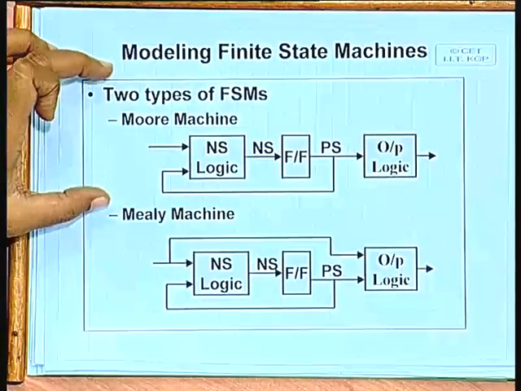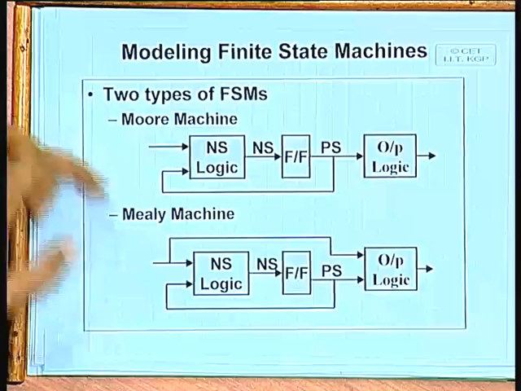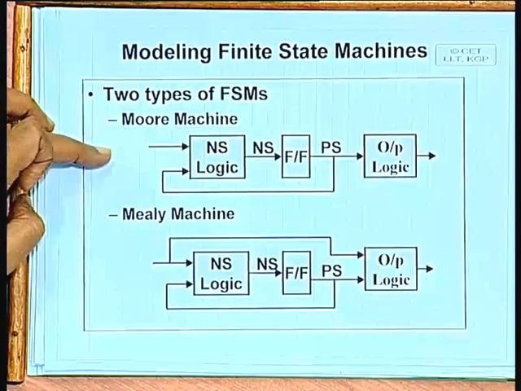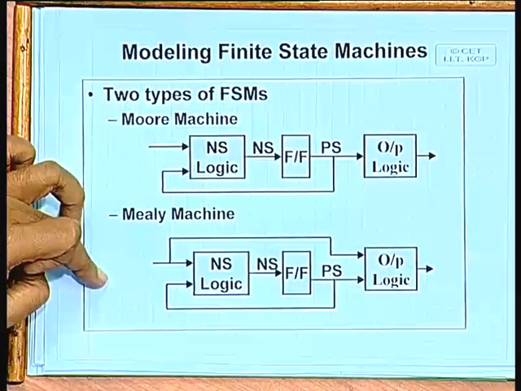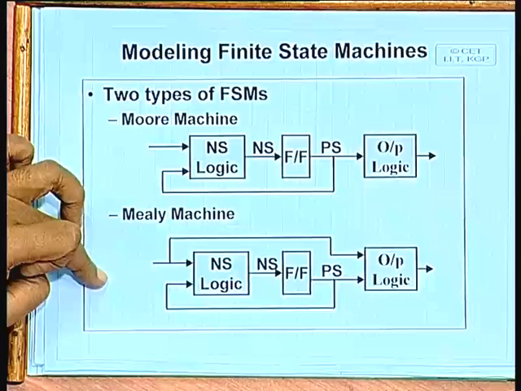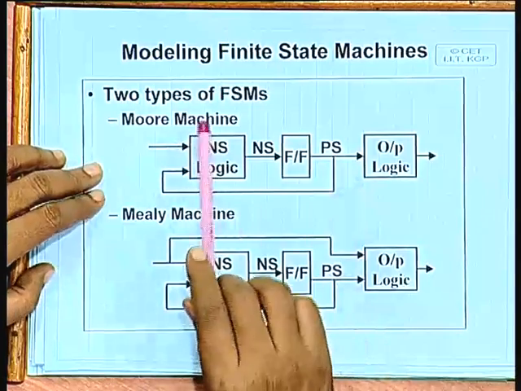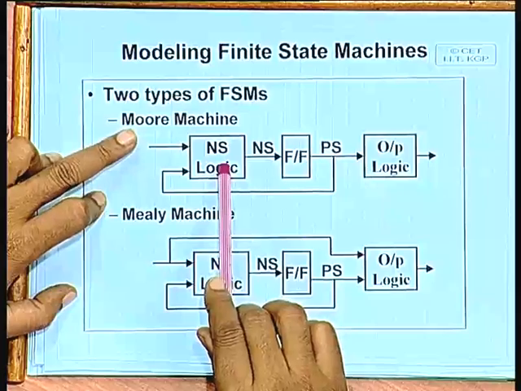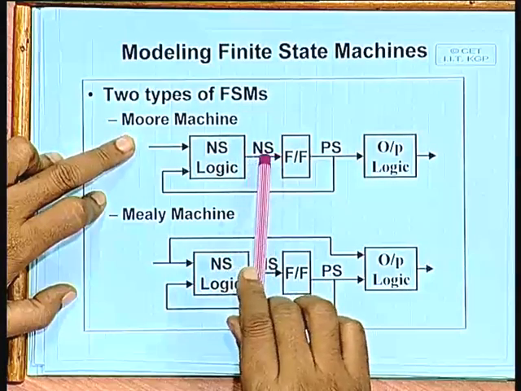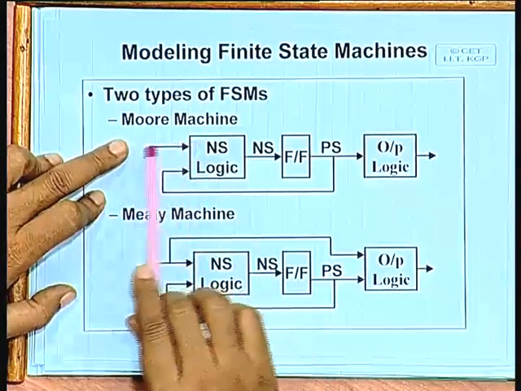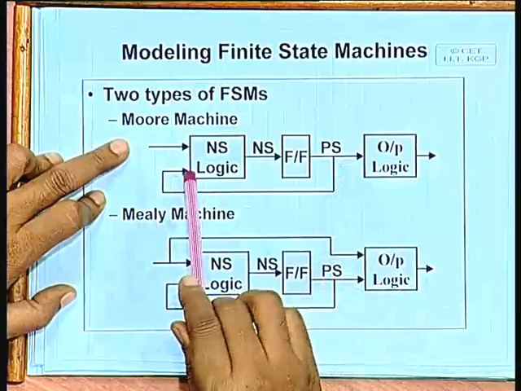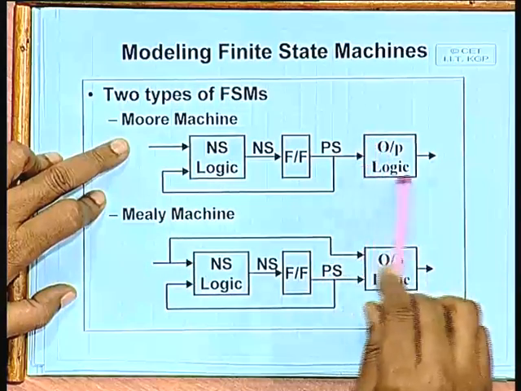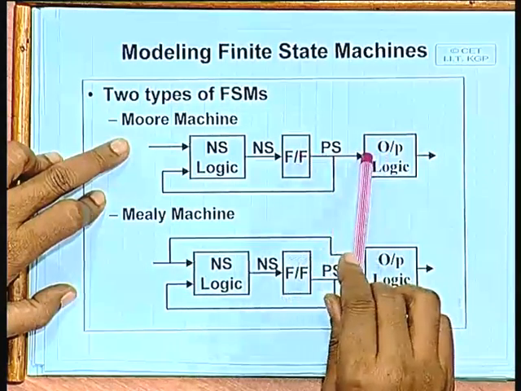Just let me tell you now that we will be broadly looking at two different kinds of FSM, as you know, Moore and Mealy. Both the examples we will be looking at. If you recall the Moore machine, the next state logic, generating the next state, depends on the present input and the present state, whereas the output logic depends only on the present state.